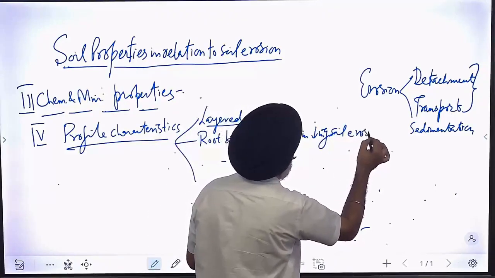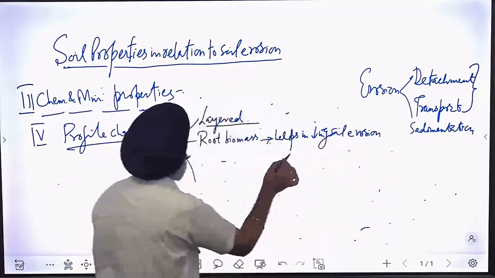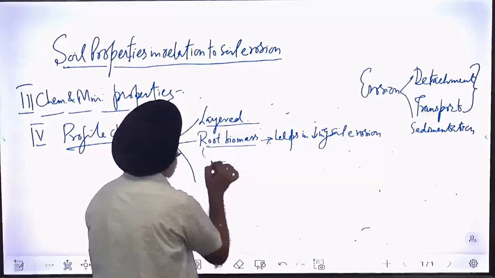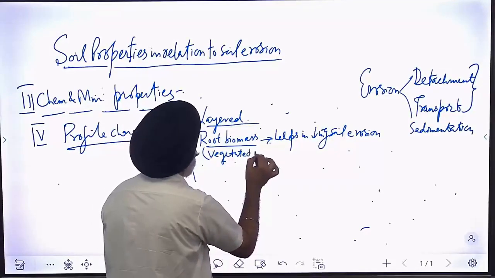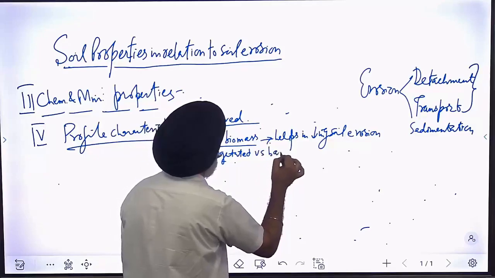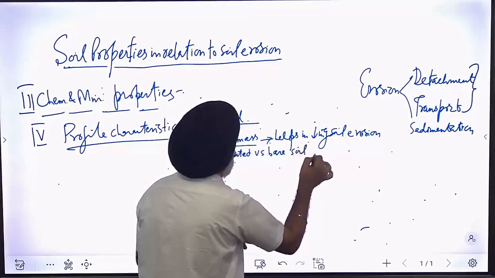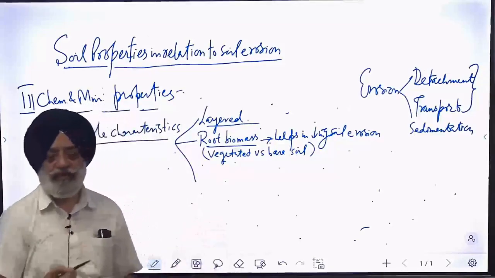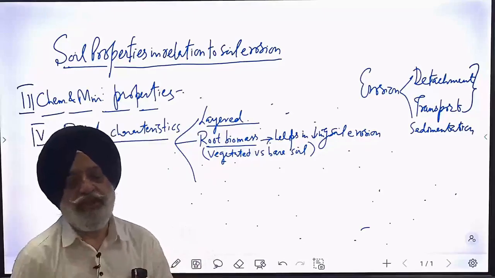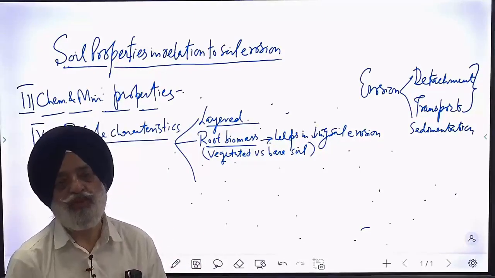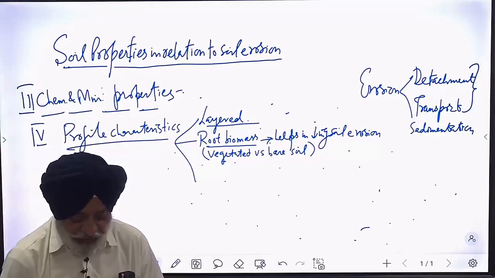Detachment could be difficult as compared to the bare soil. So here, vegetated versus bare soil affects the profile, because a profile in a vegetated soil may have sufficient root biomass, which protects the soil from erosion.